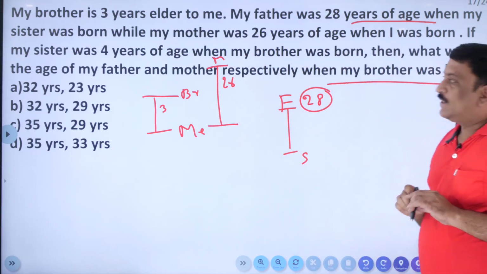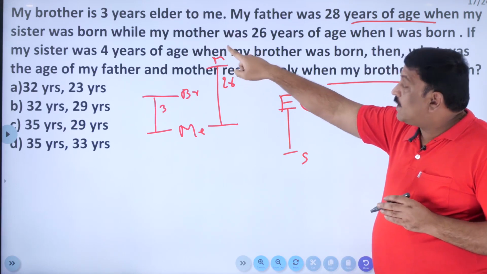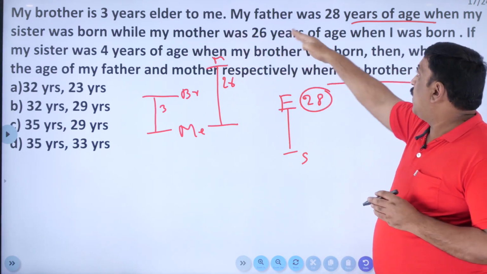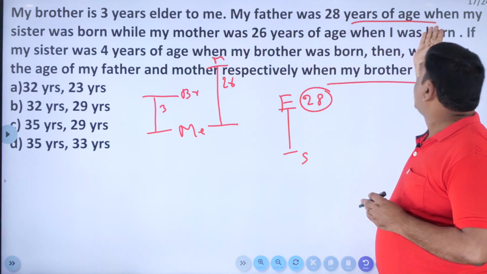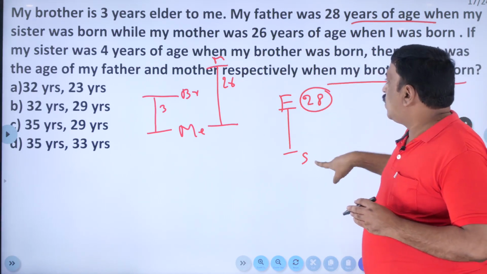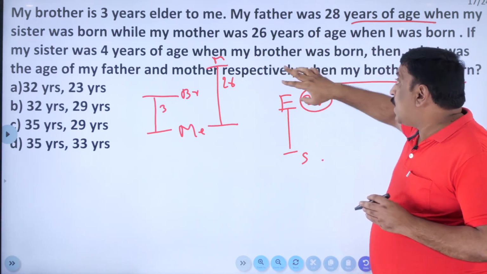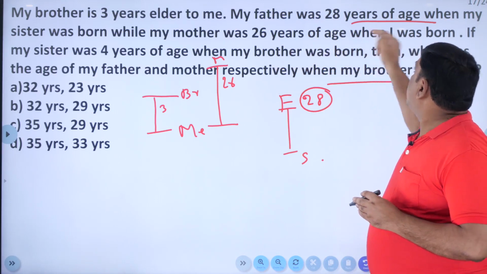I repeat once again, just see. My brother is 3 years elder to me. My father was 28 years of age when my sister was born, while my mother was 26 years of age when I was born.